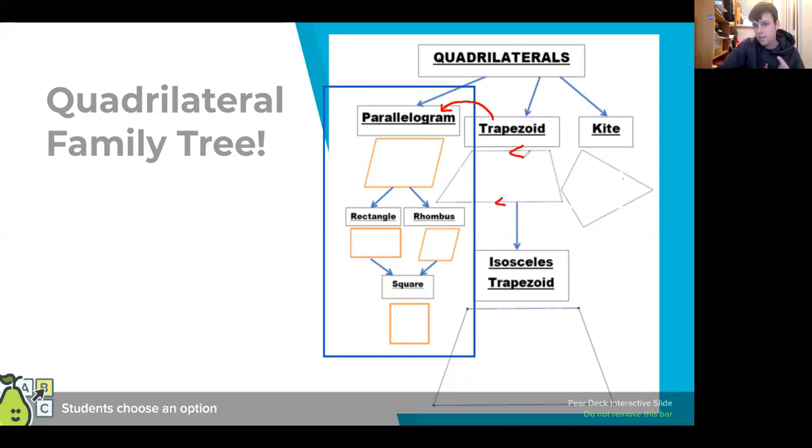If you define a trapezoid to say it has one pair of parallel sides, well, that's true for a parallelogram. So a parallelogram is just a special trapezoid, right? So if you're not precise with your definitions, there can be some more overlap here, and some people do include them in these ways. Same thing with a kite.